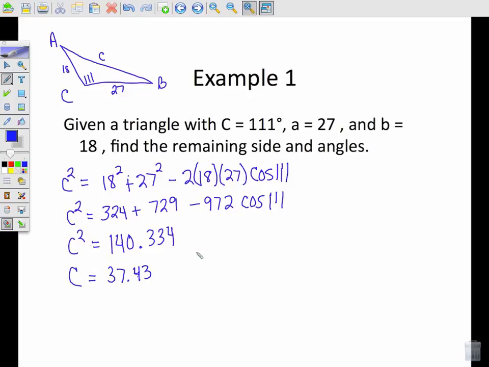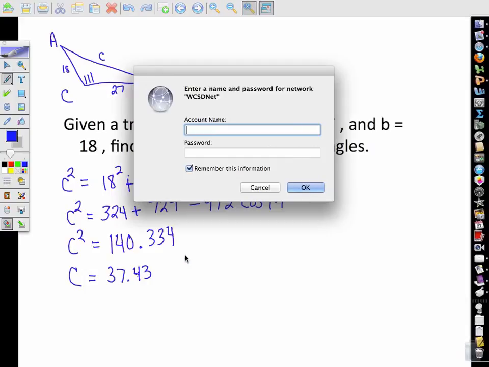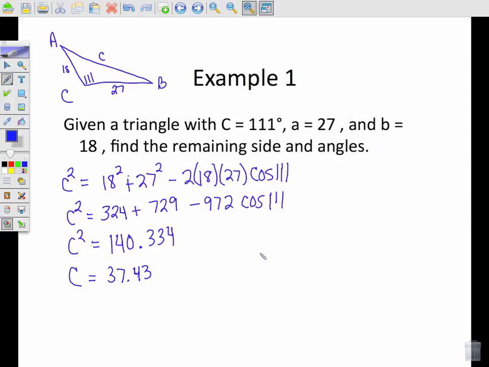All right, what we need to find now are the angles. If I find my angles, I can now use the law of sines, because I can use the 37.43 over the sine of the opposite angle 111 equals 18 over the sine of angle B. So you would solve for angle B here.